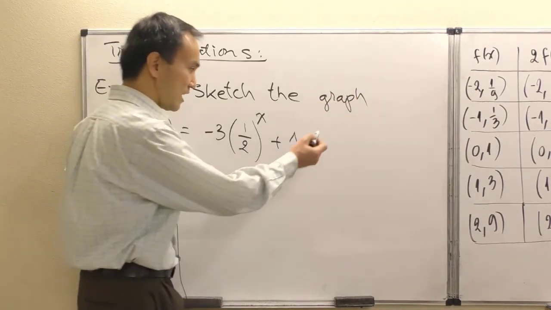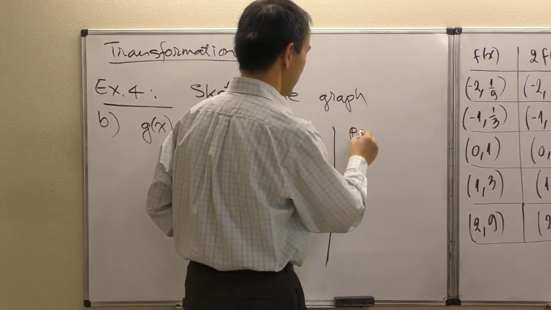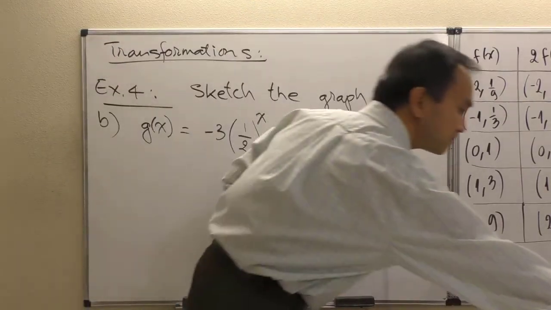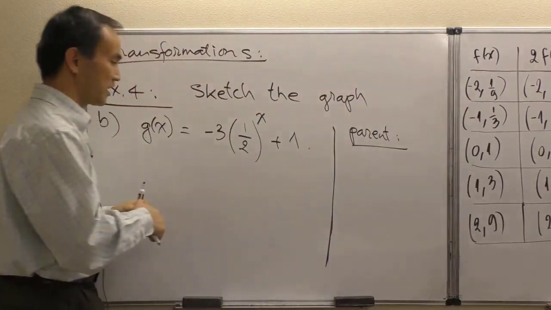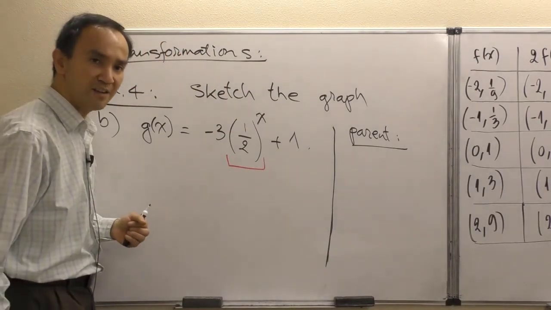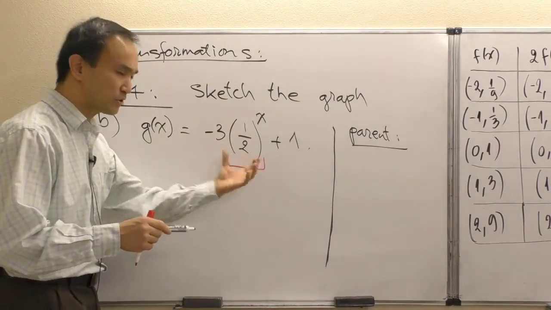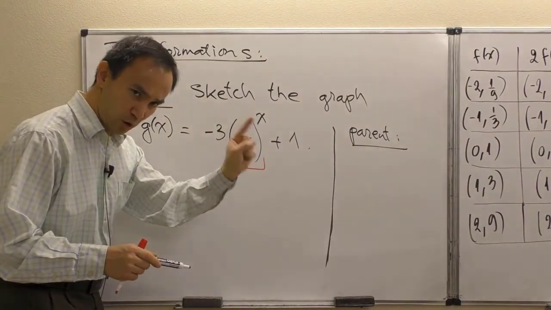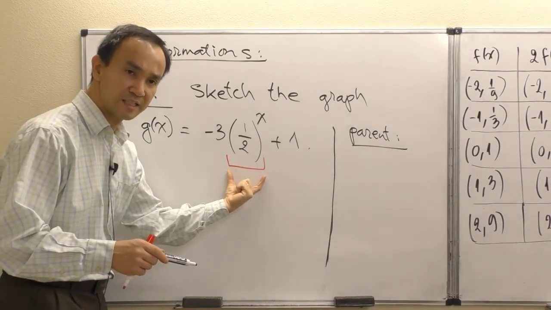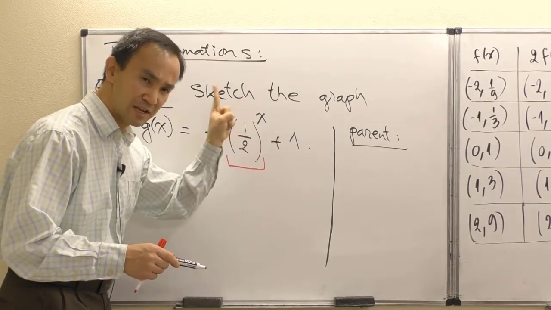Okay, so now in our understanding, the parent function is recognized as the following one. Let me now point your focus into that 1/2 to the x, because as far as operations, the way it reads here, according to PEMDAS, the order of operations, we have to handle whatever is the outcome of 1/2 to the x first.